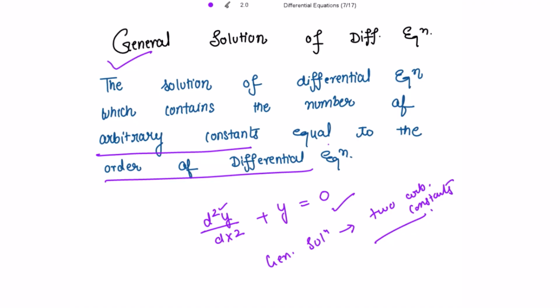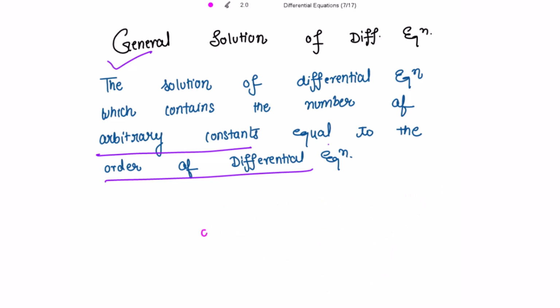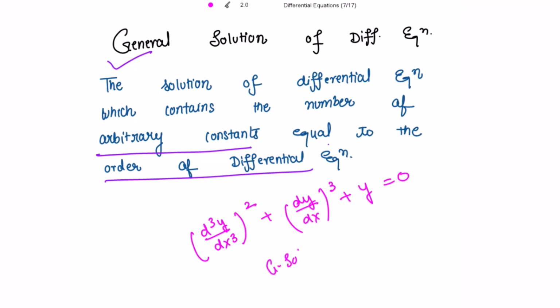Whatever be the order of the differential equation, the general solution contains that number of constants. If the differential equation is of order 3, I'm also taking the degree for this, then the general solution contains how many arbitrary constants? As the order of this differential equation is 3, the general solution contains 3 arbitrary constants, right?